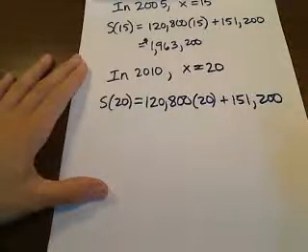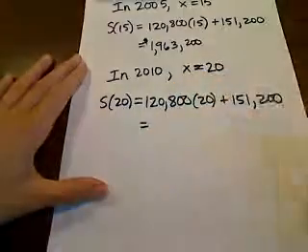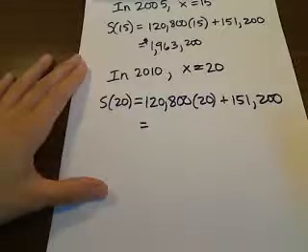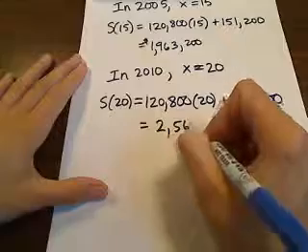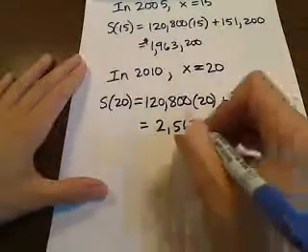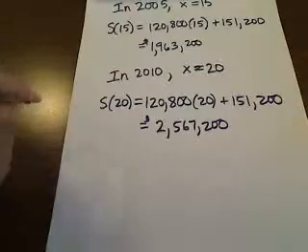When I multiply by 20 first and then add the 151,200, I get 2,567,200 for year 20, for the year 2010.